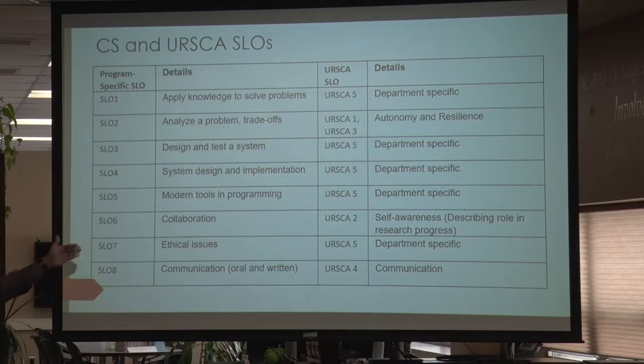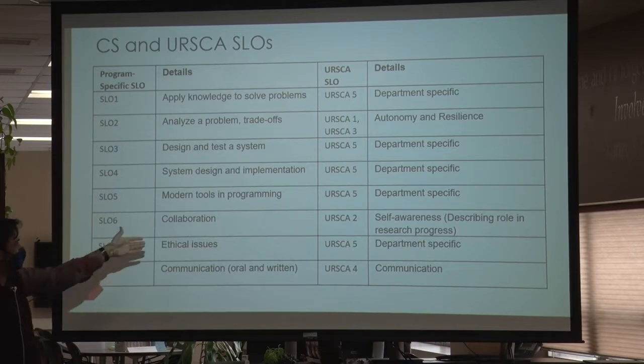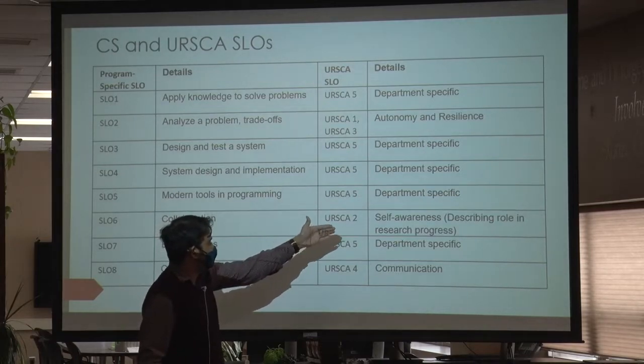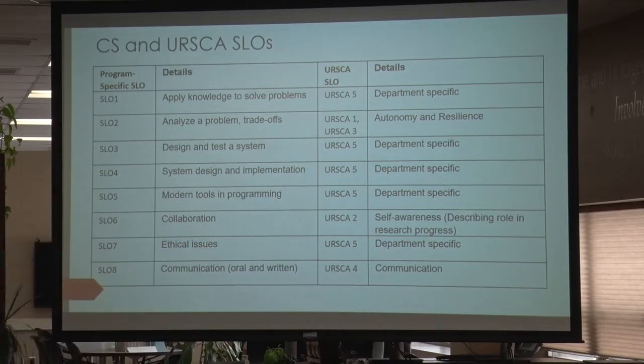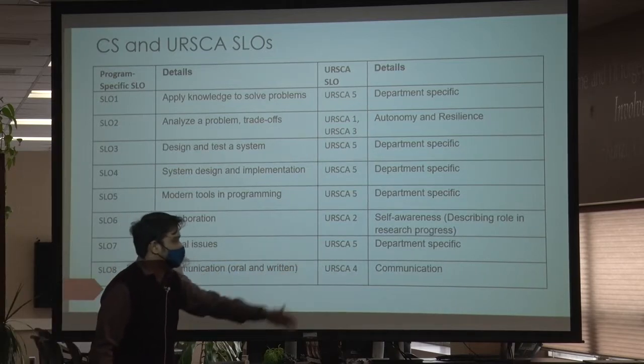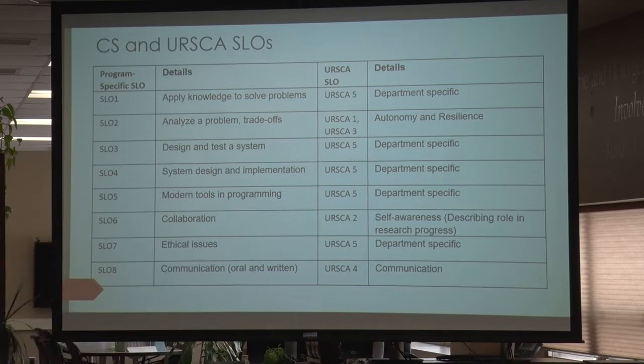And SLO 6, which is collaboration, we were able to align with URSCA 2, which has self-awareness. Also, we have student learning outcome 8, which directly talks about communication, and we have URSCA 4, which is also about communication. So there is a lot of similarity which we were able to identify through our work.